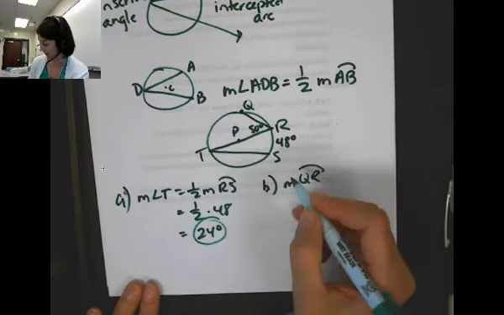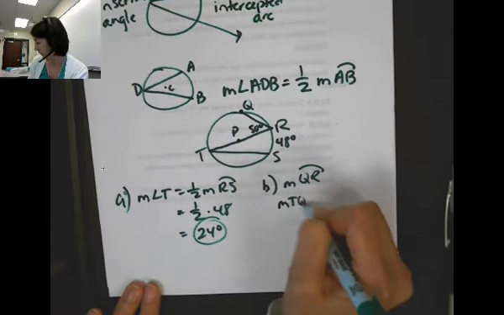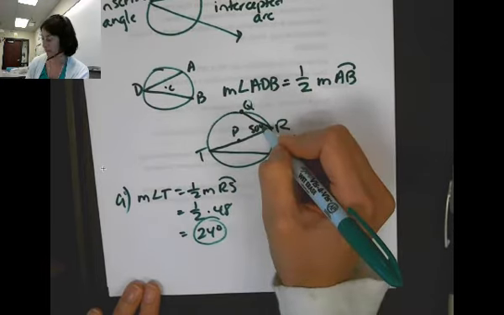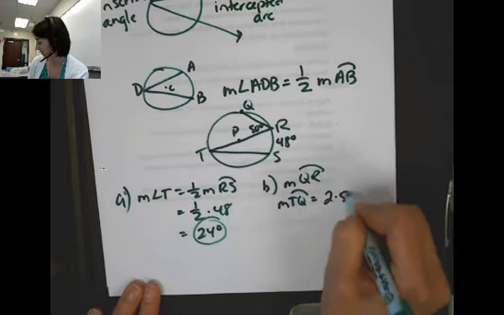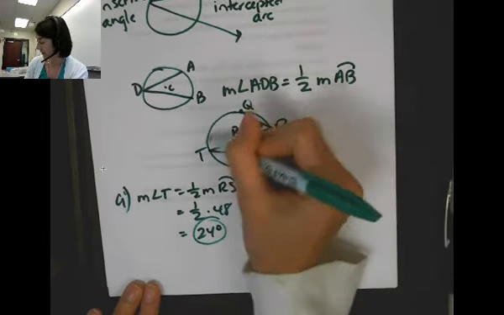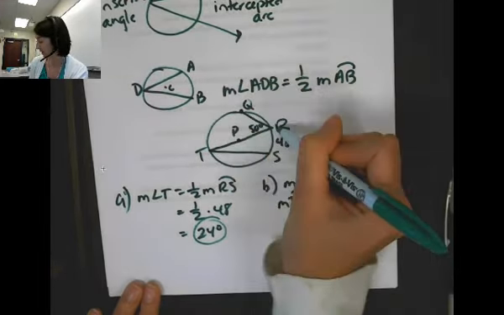So let's find arc TQ first. That's double the inscribed angle, so 2 times 50 degrees, or 100 degrees. So if this is 100, the measure of QR has to be 80, because the whole thing is a semicircle.